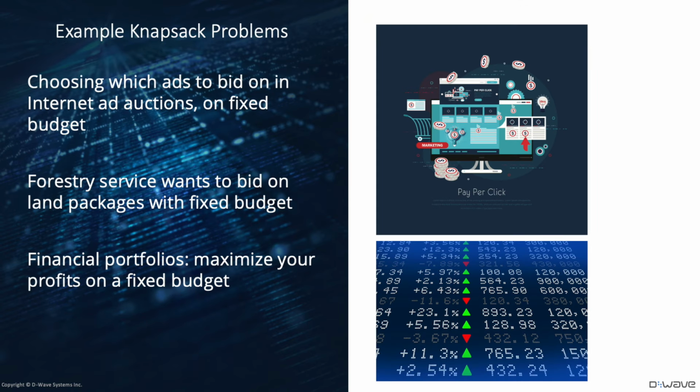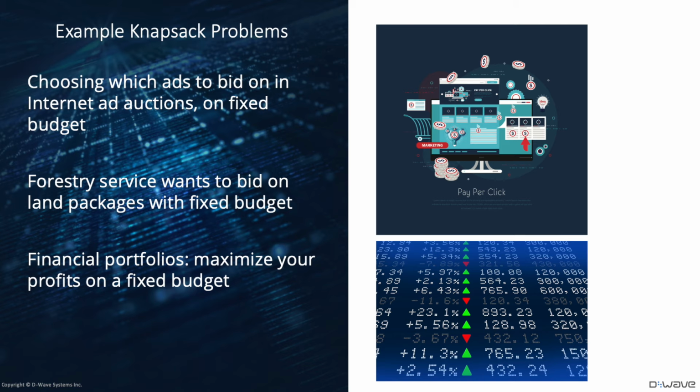And just to give you some real-world examples of knapsack problems: choosing which ads to bid on in internet ad auctions on a fixed budget. In other words, you've only got so much money to spend, and certain ads are more valuable than others depending on how much your clients are paying. So which one should you show?